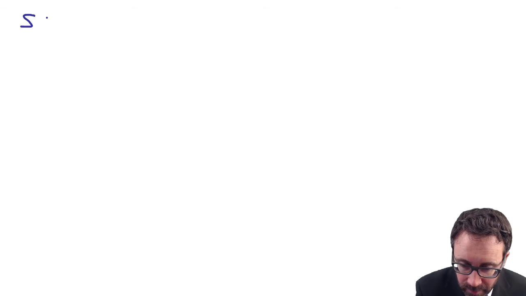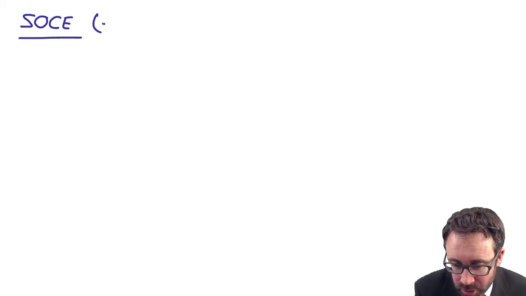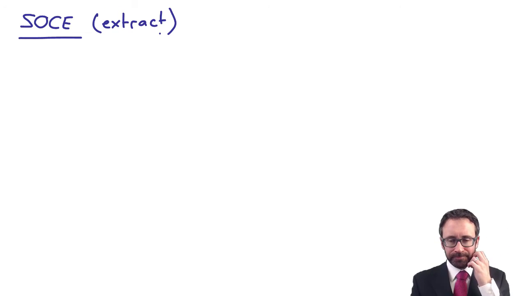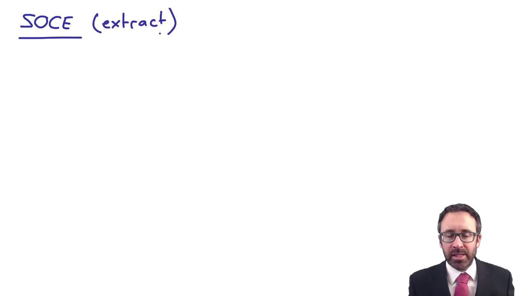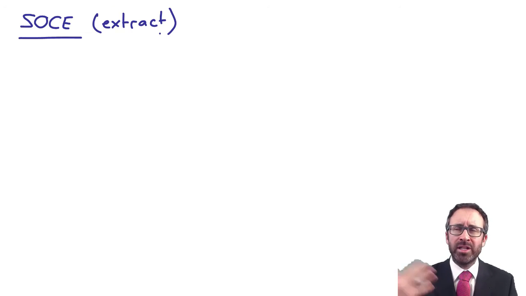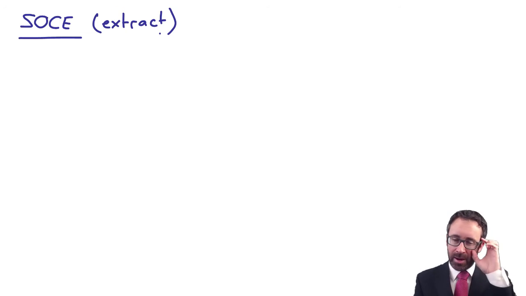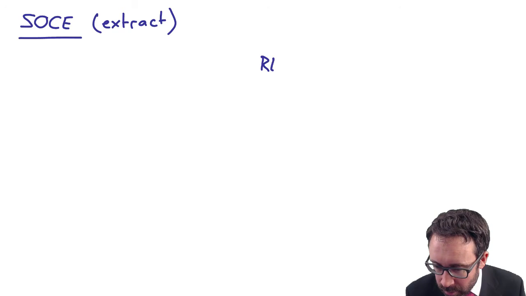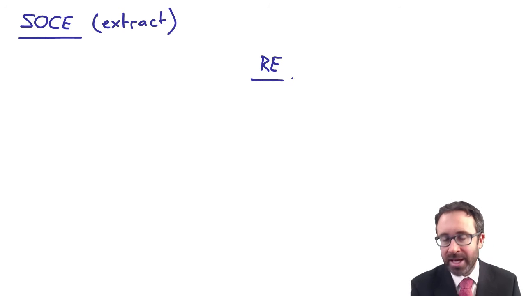So what you've got there is the statement of changes in equity. I'm just going to do it as an extract from the financial statements. I'm not going to do the full statement of changes in equity, so I'm going to ignore all that share capital, share premium, revaluation surplus nonsense that you may get within a question. We're just going to focus on the retained earnings column.